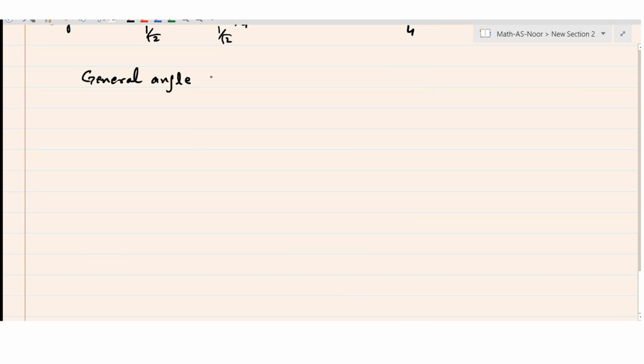Next concept of trigonometry is about the angle. We name the angles as journal angle, and the other thing which we'll learn, the basic angle.